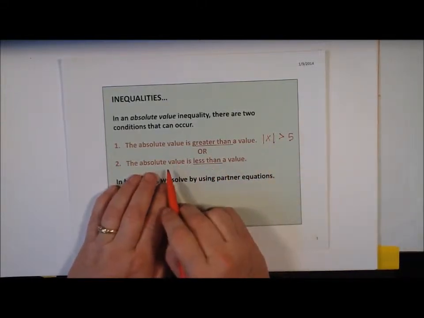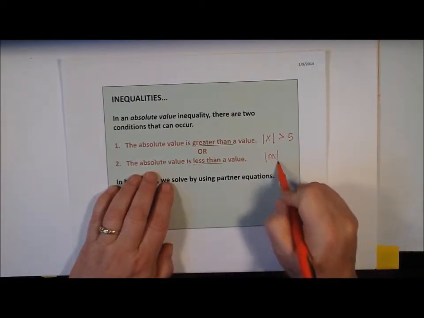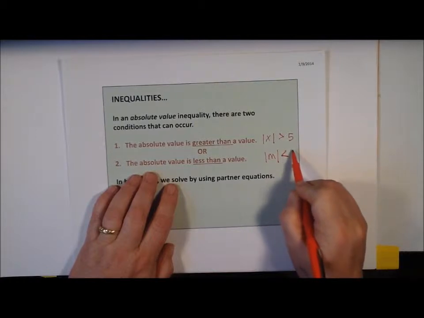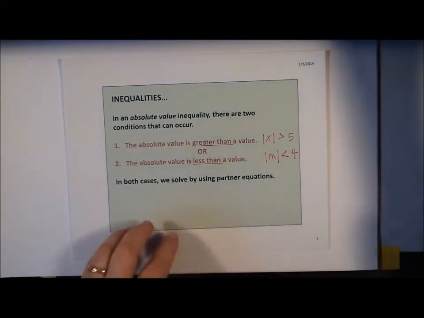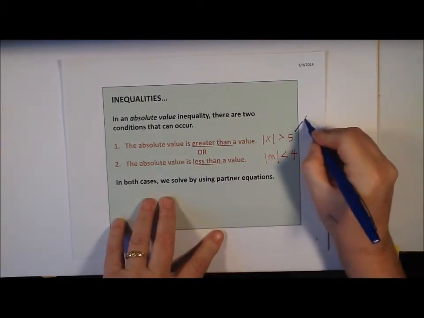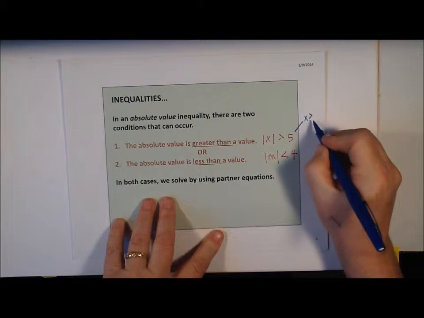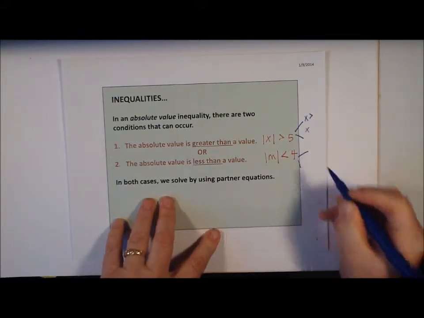Or I could have the absolute value is less than a value. So the absolute value of m is less than 4. In both cases, we're going to solve these using partner equations. Remember, that'll be x is greater than one thing and x is like that. So there's two branches off each one.